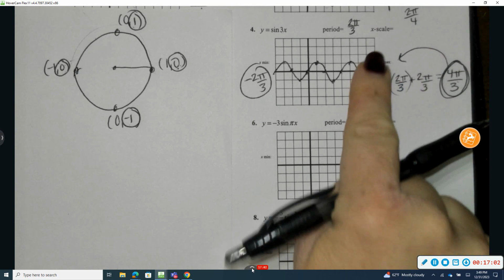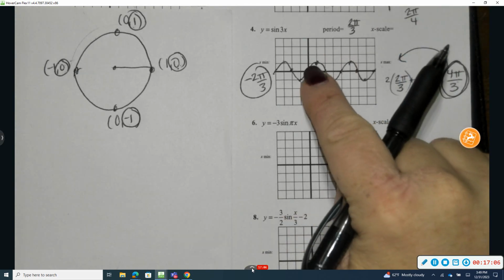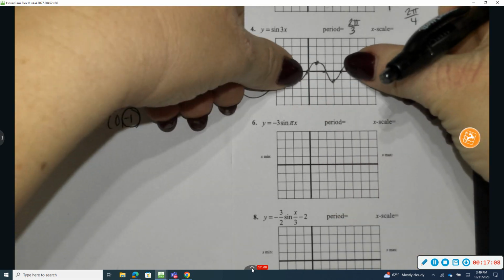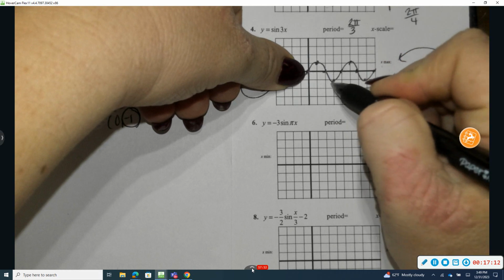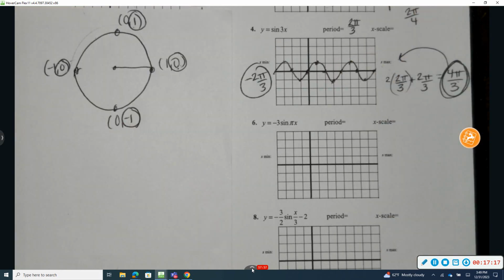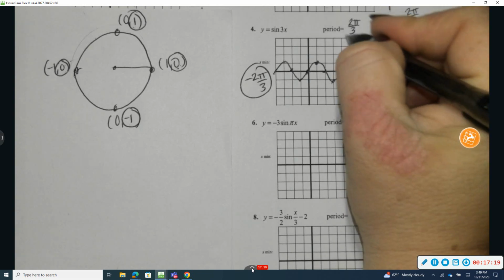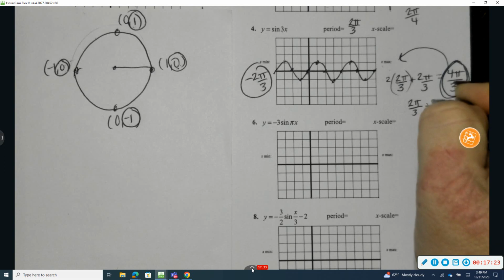All right, now let's come up here. Each one of these steps is how far. So if it's 2 pi over 3, and we have 4 steps, 1, 2, 3, 4, what is the distance of each step along the horizontal axis? We're going to take this value, 2 pi over 3, and divide it by 4.